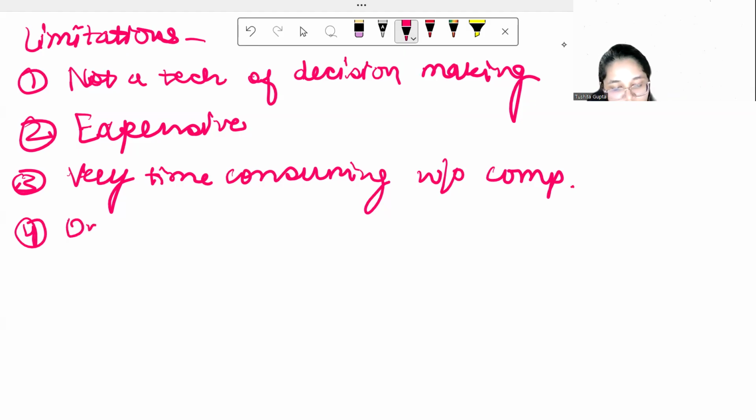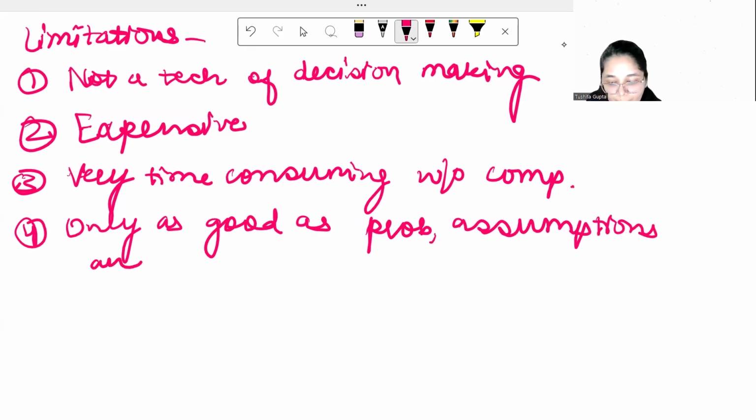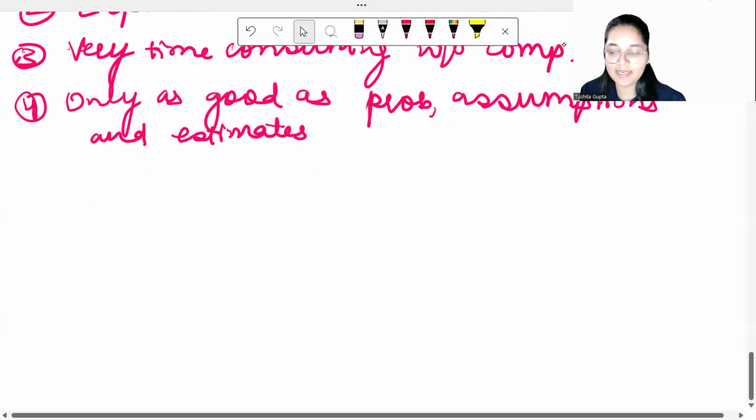So another limitation is that it is only as good as the probabilities, assumptions, and estimates. All right, so this is the technique of simulation. Now, another technique which we have in this chapter is the concept of expected values.